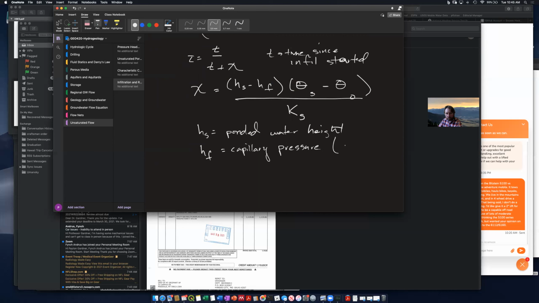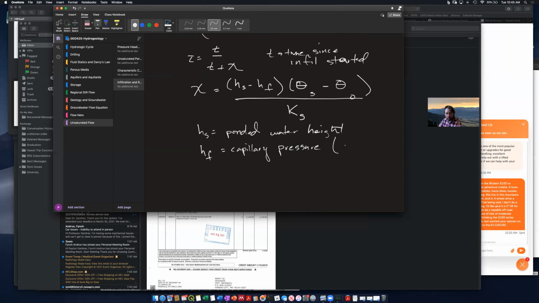Let's see, theta sub S is the saturated volumetric water content. This is equal to the porosity. Theta sub S is the saturated volumetric water content, and it's equal to porosity.